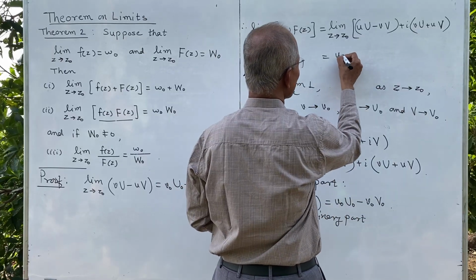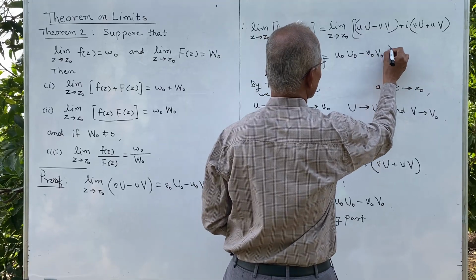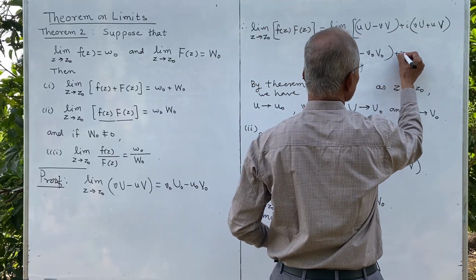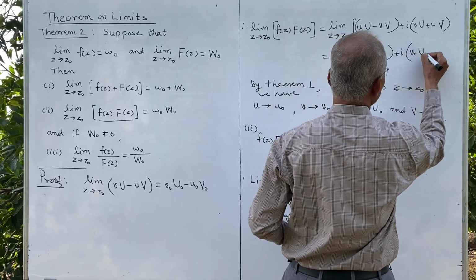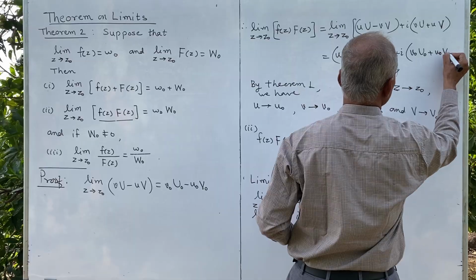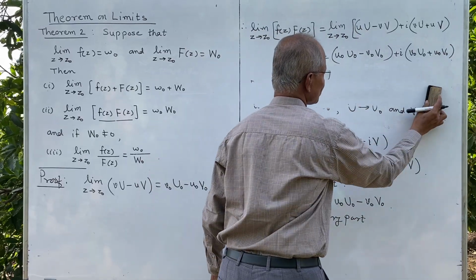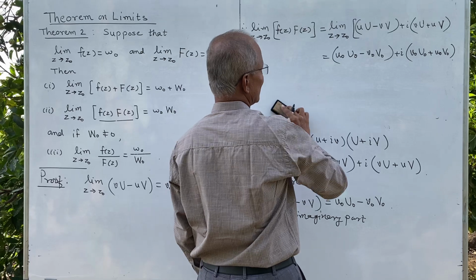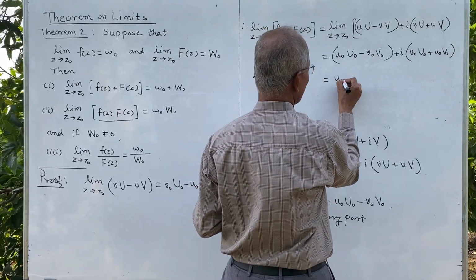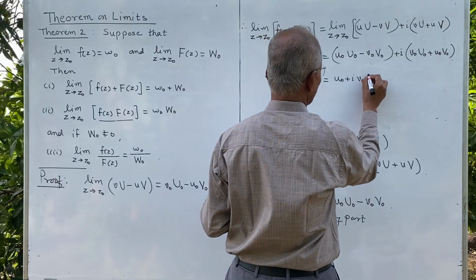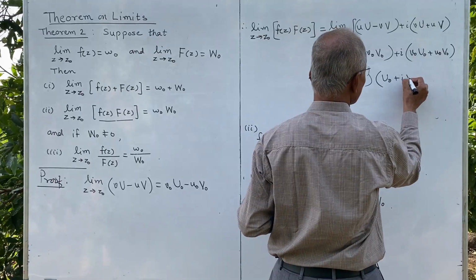So this is u naught capital U naught minus v naught capital V naught, and this one, i is a constant, v naught capital U naught plus u naught capital V naught, and this can be written in the product form as u naught plus i v naught into capital U naught plus i into capital V naught.